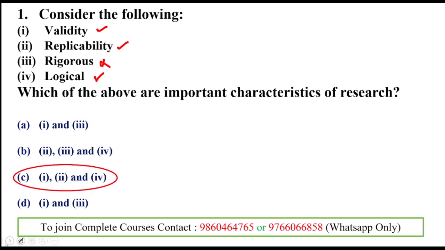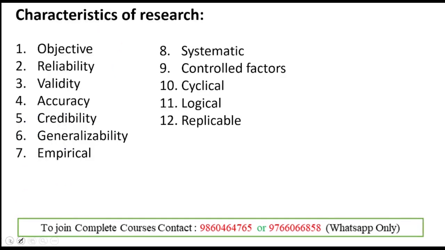So option C. And let's see various characteristics of research. Here 12 important characteristics are given, and they include objective. The research we propose has an objective, and an objective is an important part of research. Then reliability, the truthfulness of the data and the research.